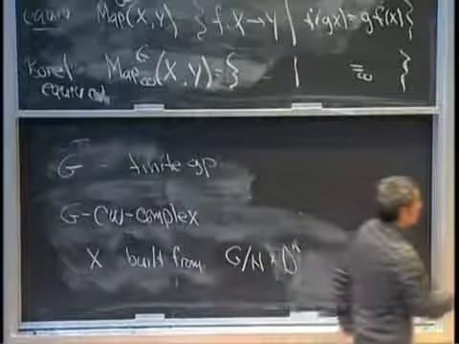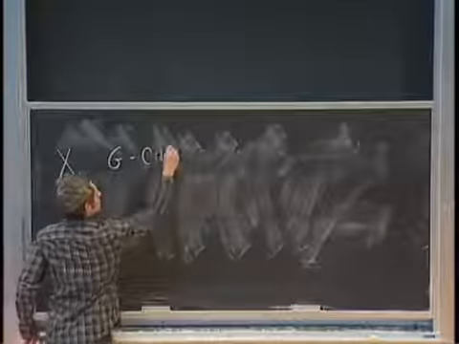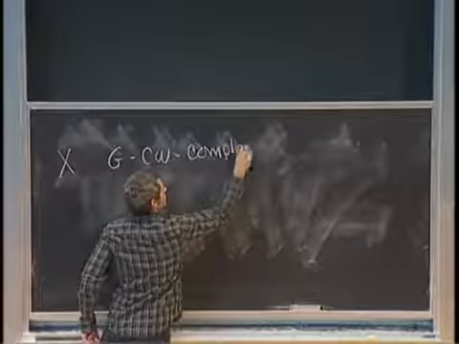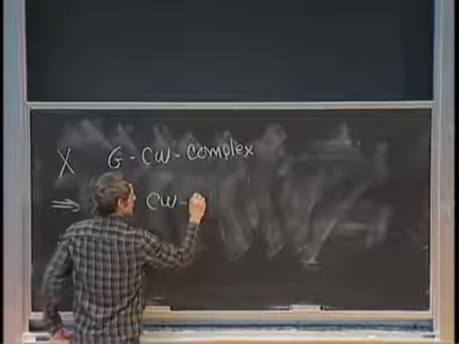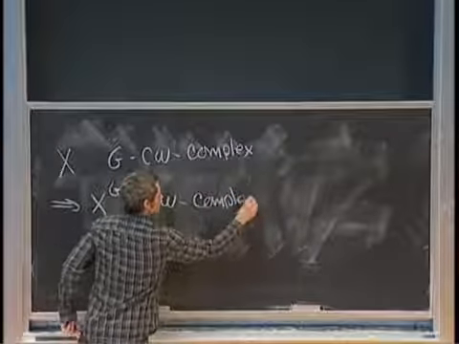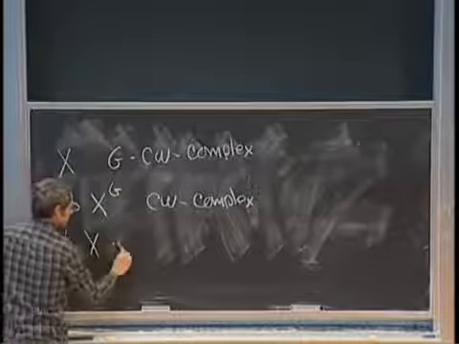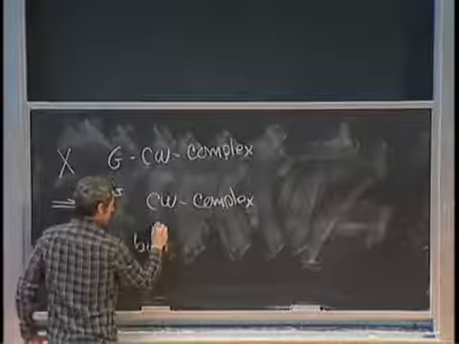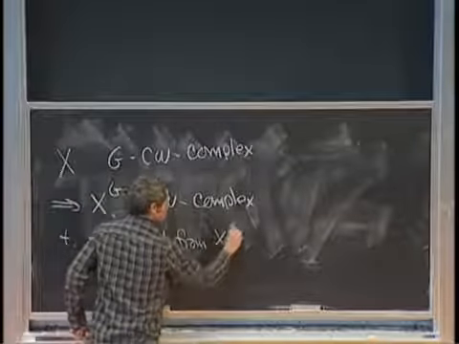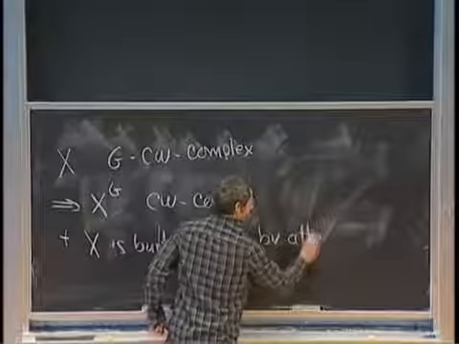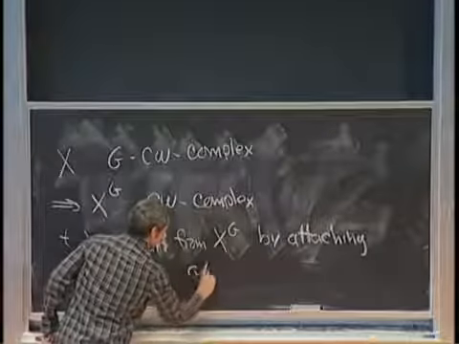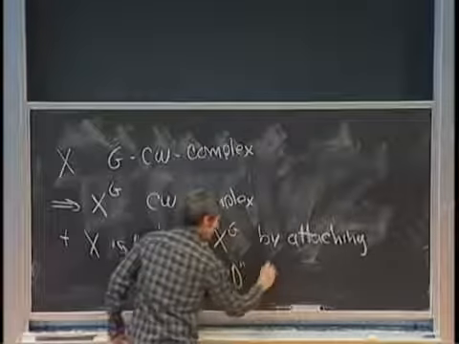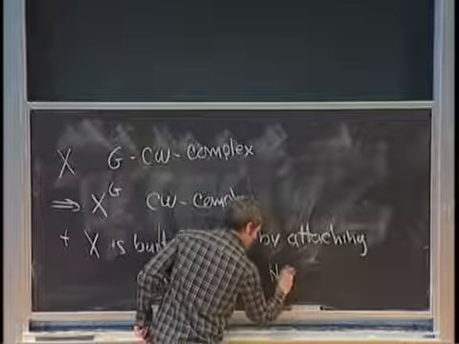And if you think about that, that also tells you that if X is a G-CW complex, then the fixed point space is also a CW complex, and X is built from that by attaching cells of the form G mod H cross a disk, where H is a proper subgroup of G.